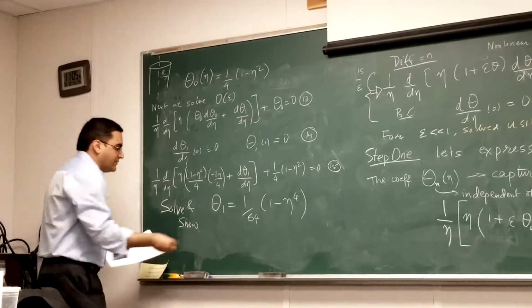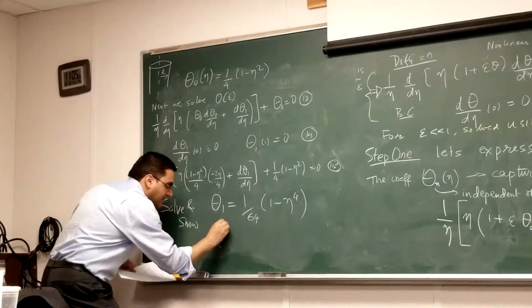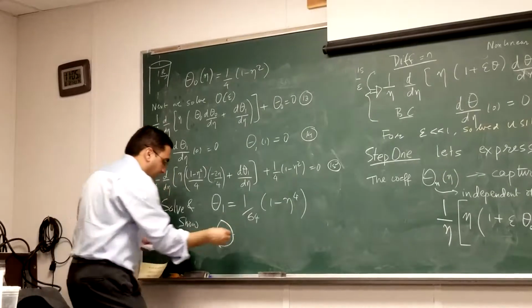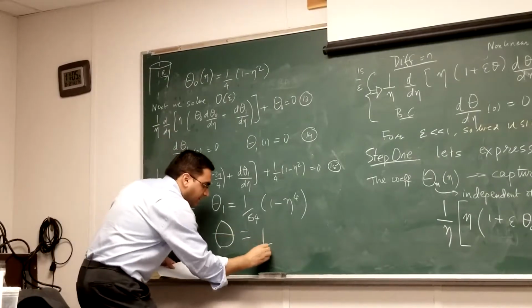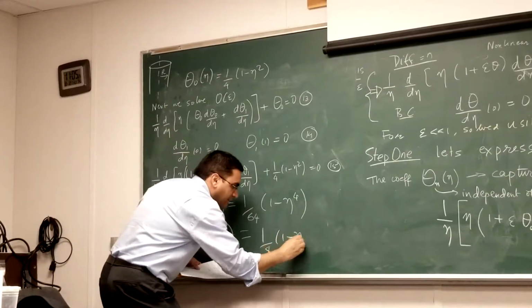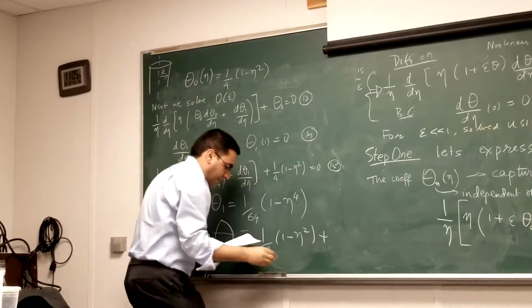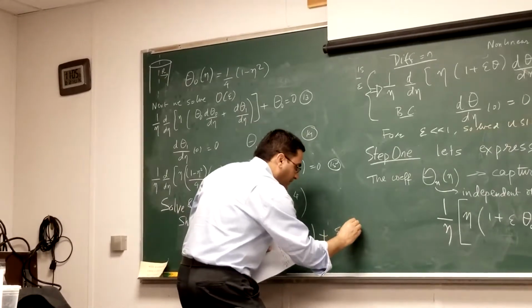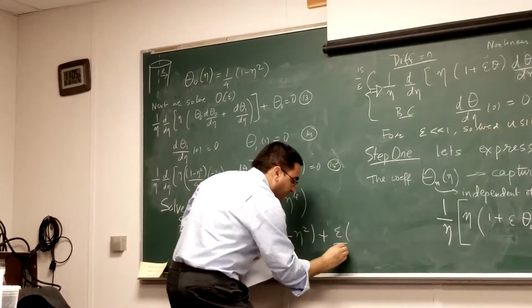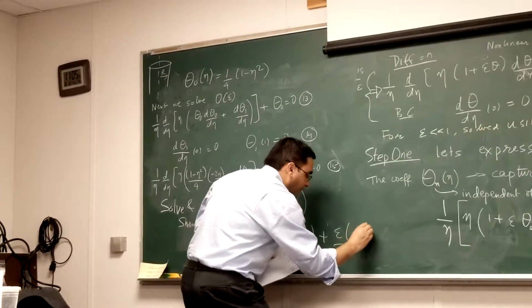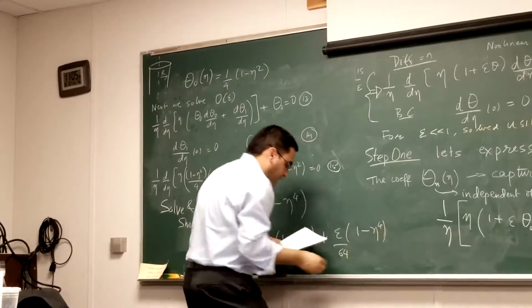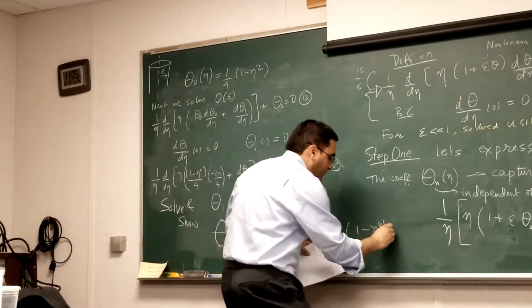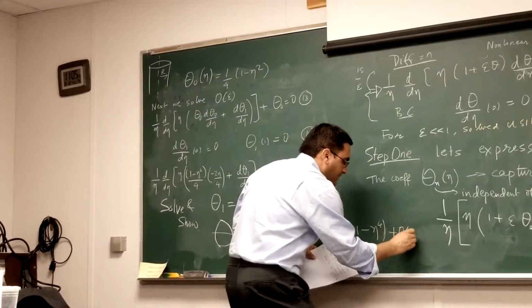So my solution is just going to be theta is equal to theta naught plus epsilon divided by 64 times (1 minus eta) to the fourth, plus order epsilon squared.